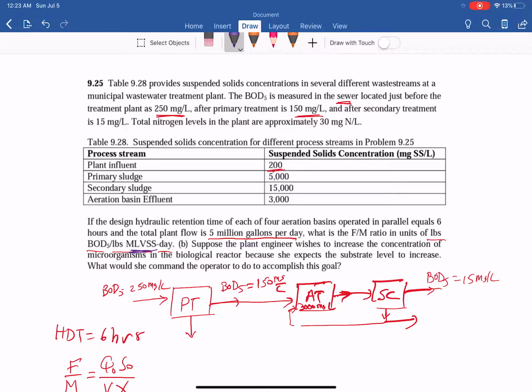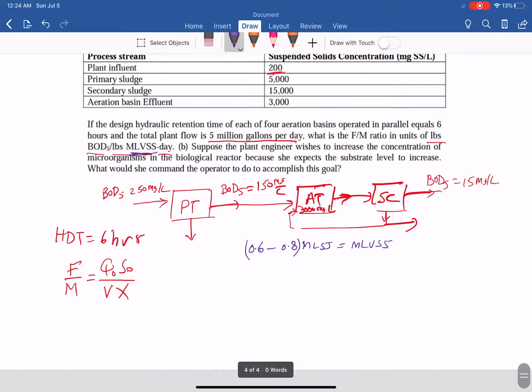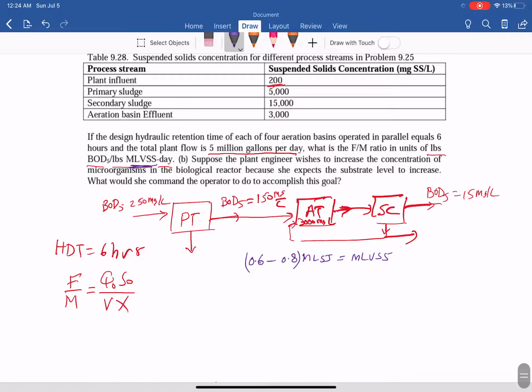You have to make an estimate, because an estimate of 0.6 to 0.8 of the MLSS is organic, MLVSS. So 60% to 80%. Sometimes they take 70%, sometimes they take 80%. On average, they take 70%. But for the purpose of this book, we'll take 0.6.